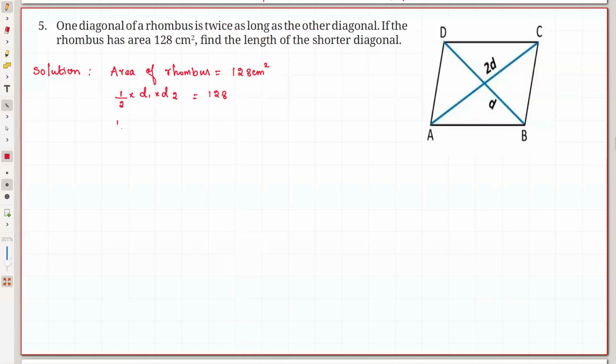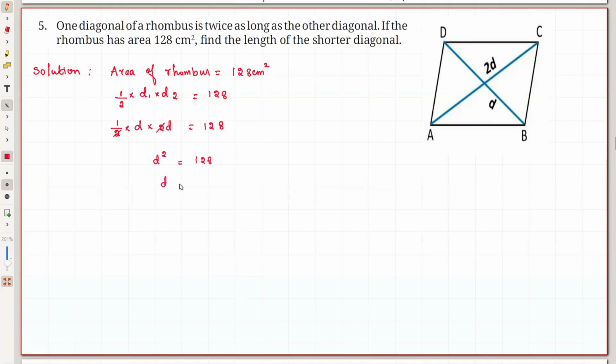Now D1 I am taking as D, and diagonal 2 I am taking as 2D, 2 times the diagonal. So half into D into 2D is equal to 128. Now we can just cancel: 2 gets cancelled. So D into D is D square, equal to 128.